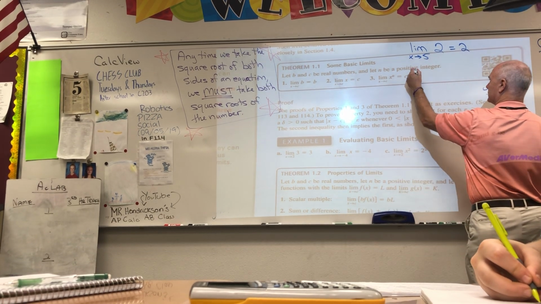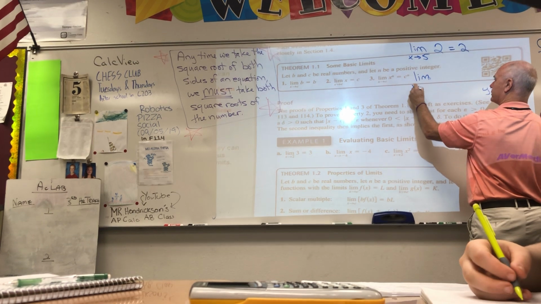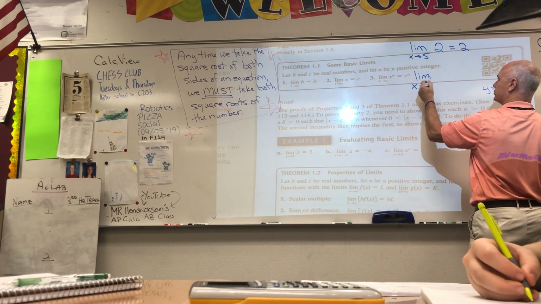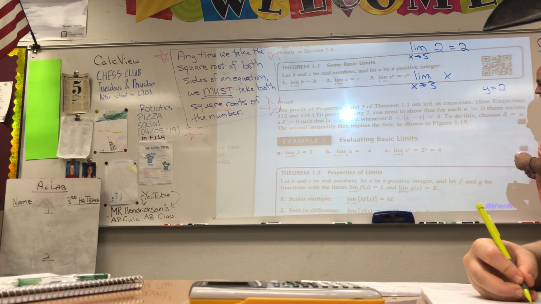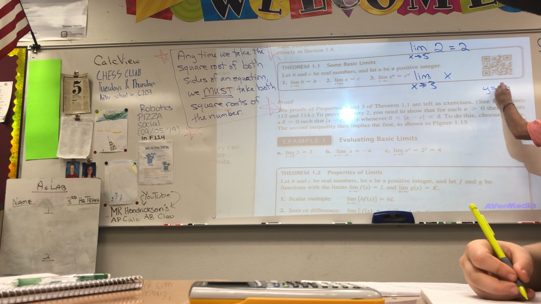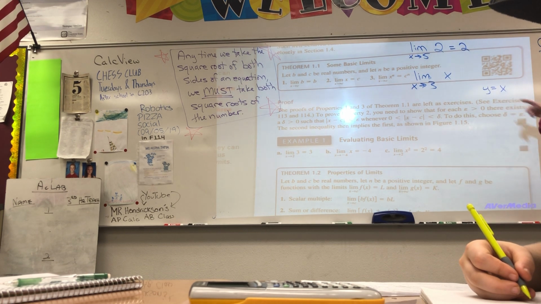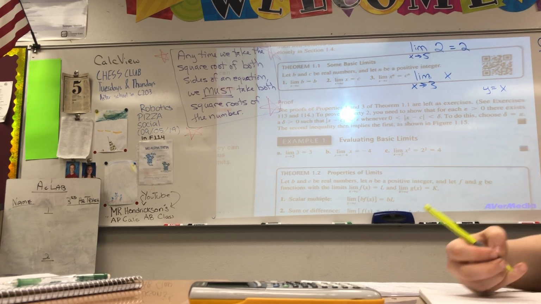Next one. The limit as x approaches 3 of x. Now we're saying y equals x. What does y equals x look like?